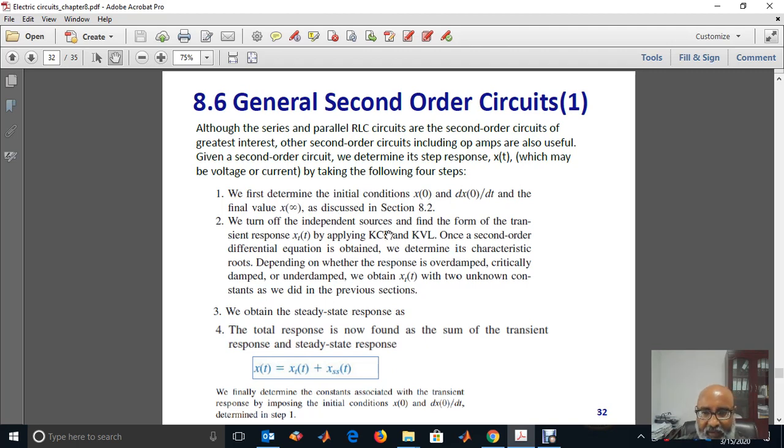By turning off all independent sources: the voltage source short circuit, the current source open circuit. We find the form of the transient response, which can be overdamped, critically damped, or underdamped. And using the initial conditions, we solve for the constants.